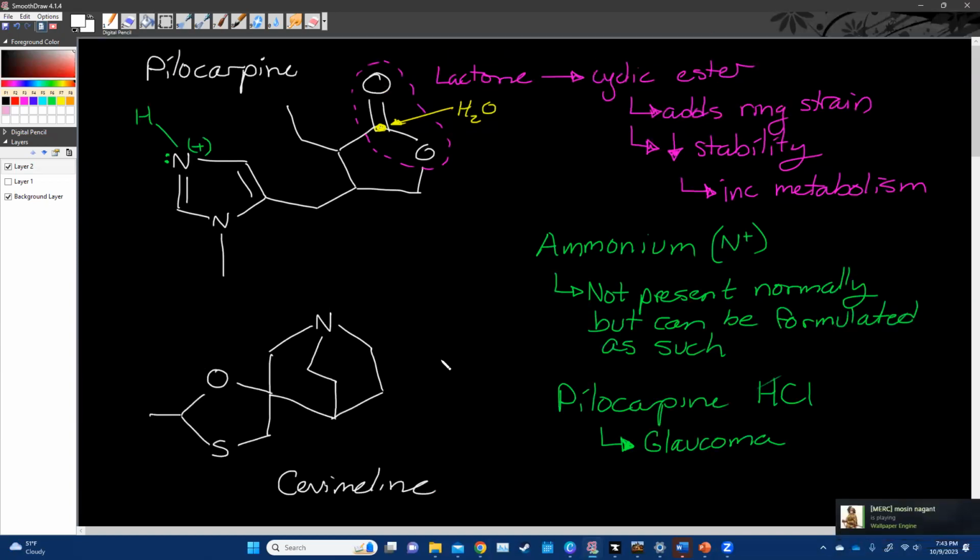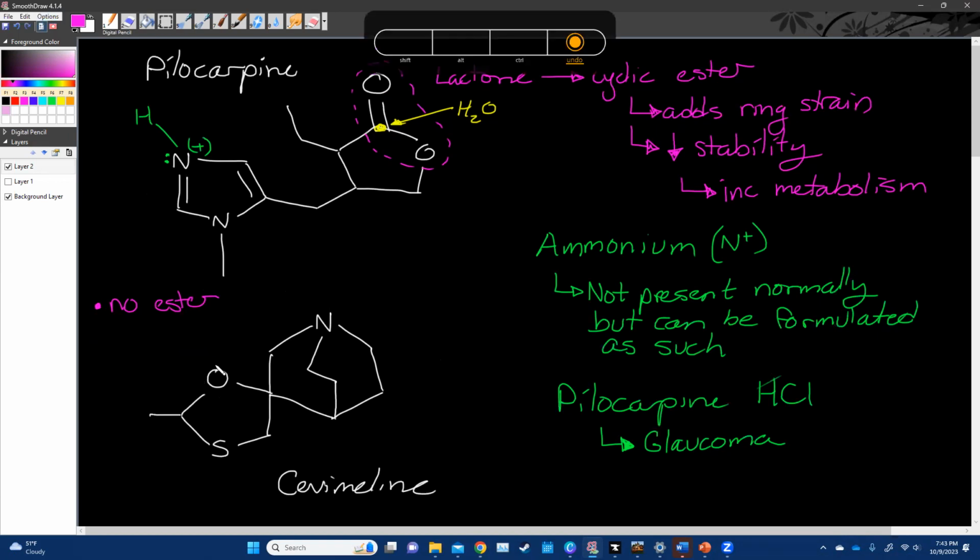So let's talk about a couple of different things about, I can never say this drug, cevimeline. First of all, for this drug, we have no ester or lactone, right? What functional group is this?